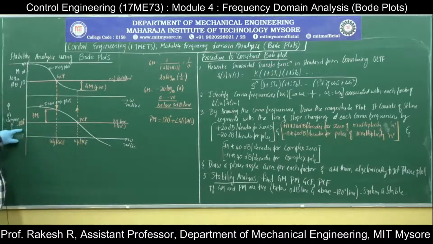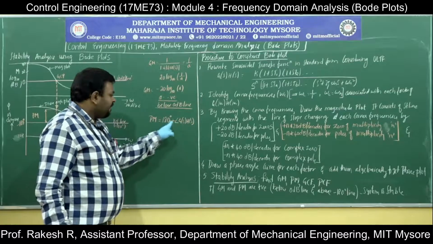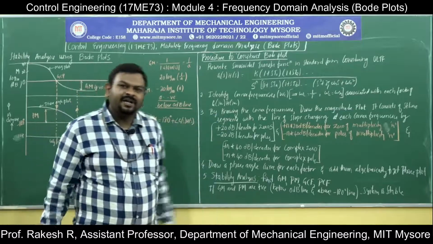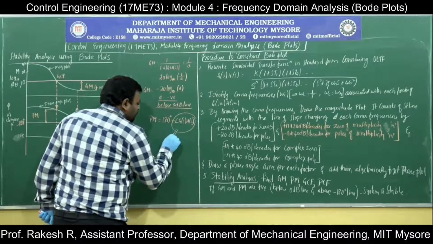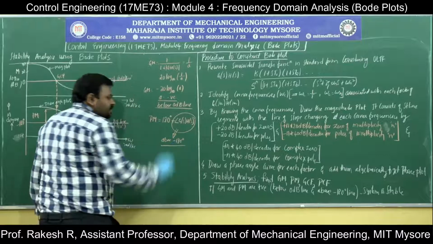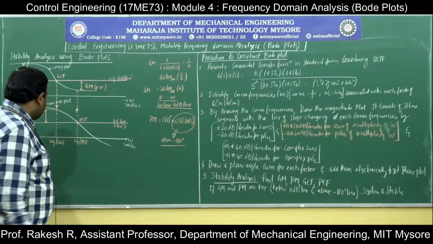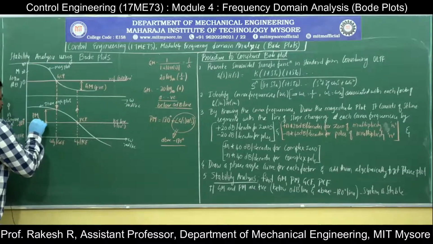That means here it will be minus 90, minus 45 and so on, but below this it will be minus 225, etc. If the value crosses beyond 180, like minus 190, the phase margin will be negative. So this term should be above minus 180 degree. Here the phase is above the minus 180 degree line, hence the phase margin is positive.